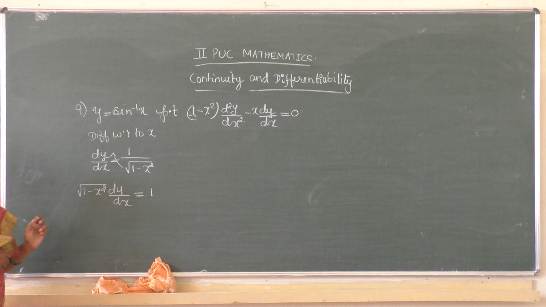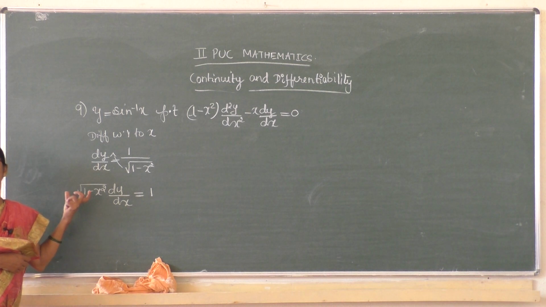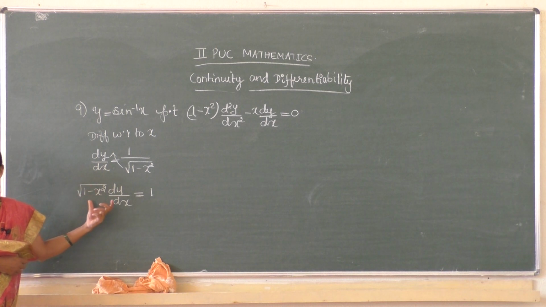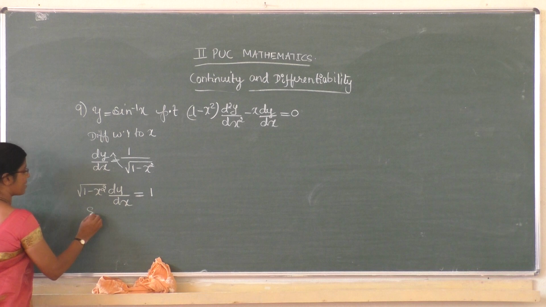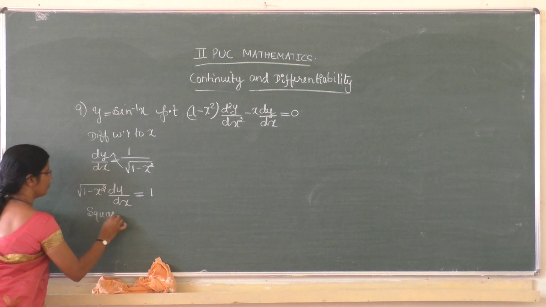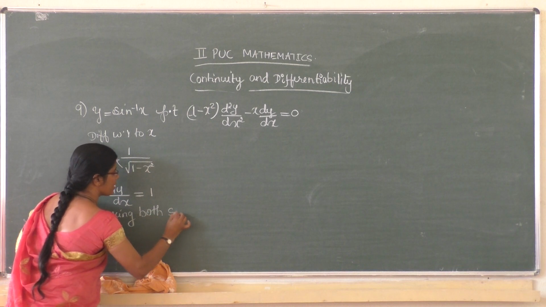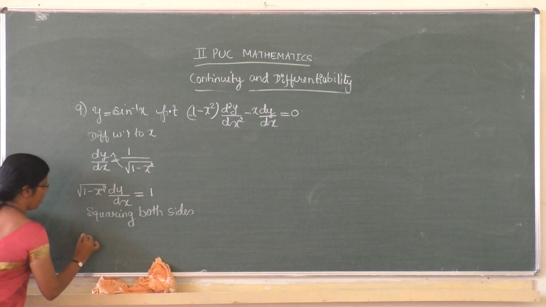Now instead of differentiating directly, what you do? Square this, because we have root here, so squaring both sides. What we get?